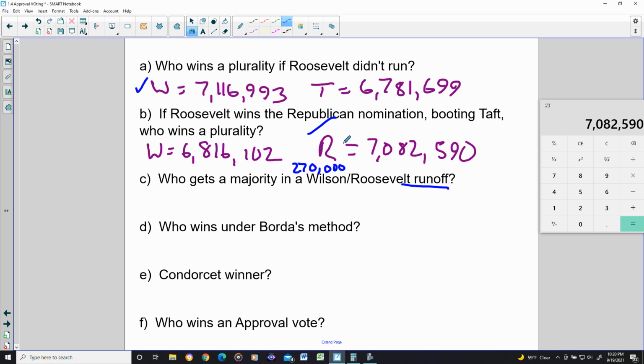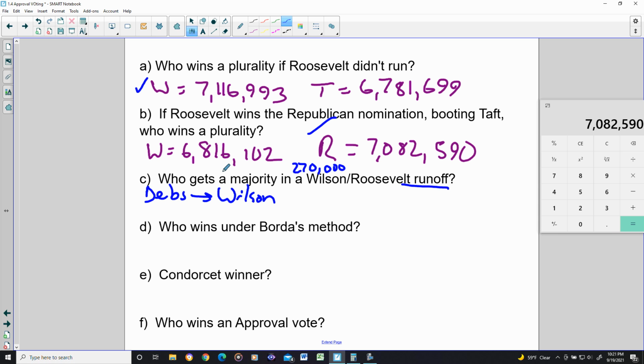So first it appears that Roosevelt would win, except Debs's voters, a vast majority of them, are going to go to Wilson. And here lies the big thing. In order for Wilson to win, he would need about 70% of Debs's voters.